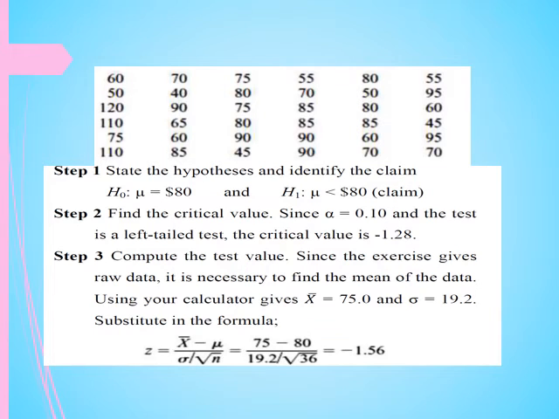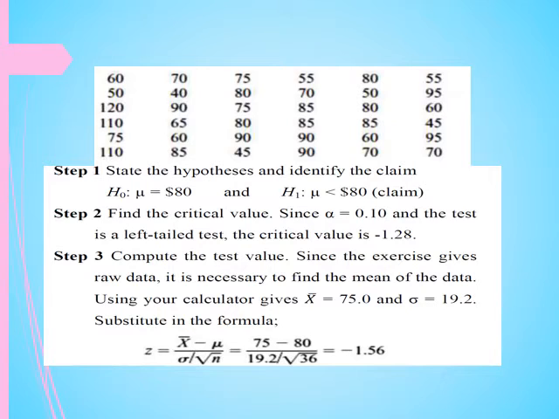Here we have values, but we don't have the mean directly. We have the sample values, 36 of them, and we ought to calculate the mean using the mean rule, which is the summation of all values over 36.